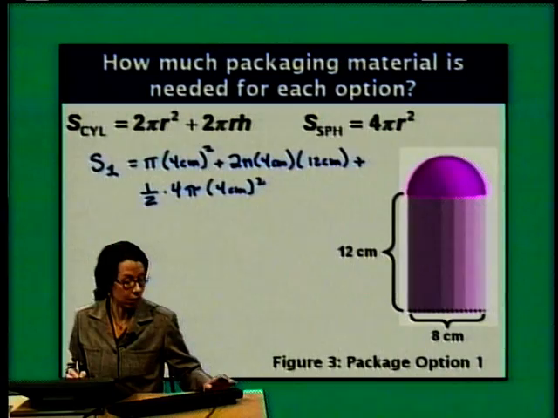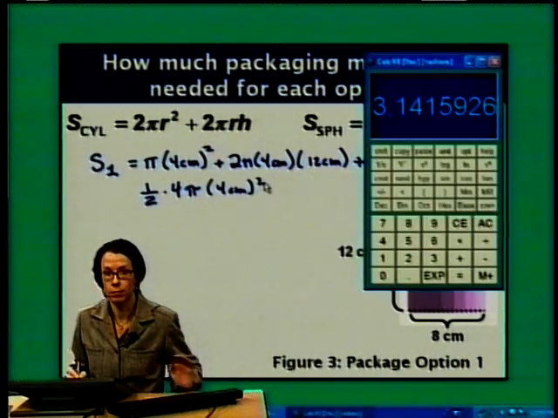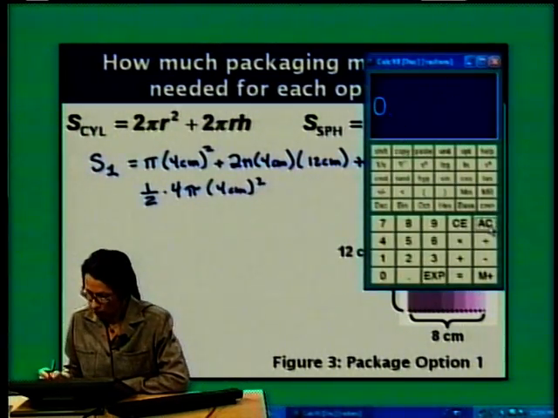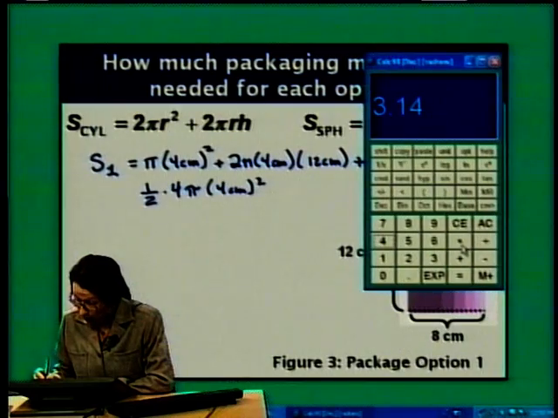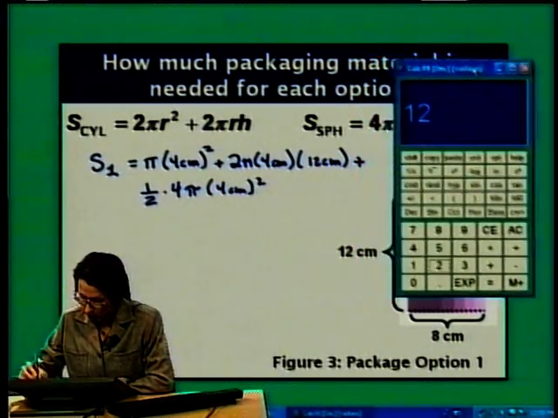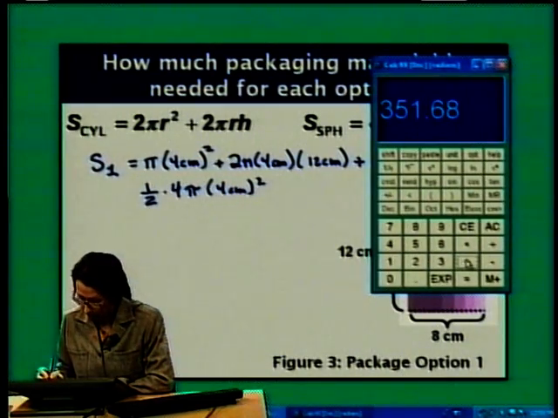So let's perform this calculation. So I have pi times 4 squared plus 2 times pi times 4 times 12 plus 1/2 of 4, that's 2, times pi times 4 squared.